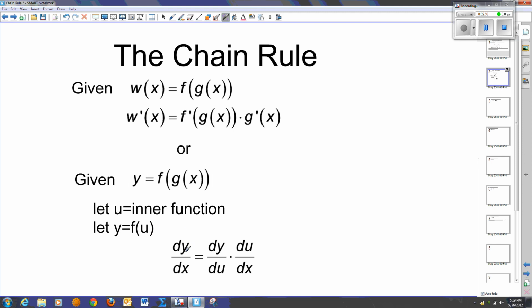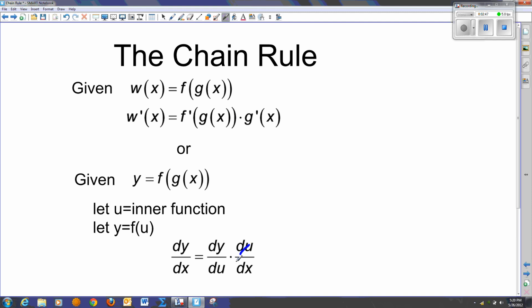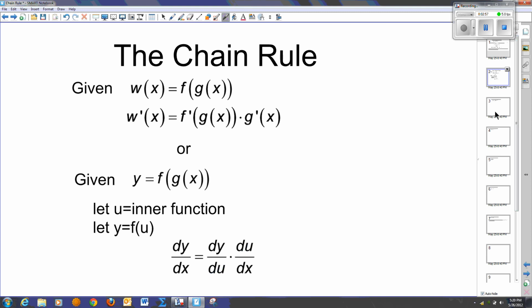And then in order to find the derivative of y, or the change in y over the change in x, you take the change in y over the change of u, multiply that by the change in u over the change in x. Notice, in this case, that the du's will cancel out, and we're left with dy dx. And that's a good thing, once again. So let's apply that to the problem we just did.